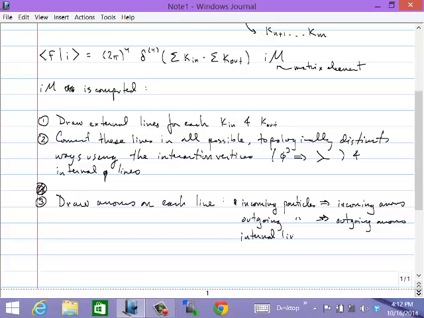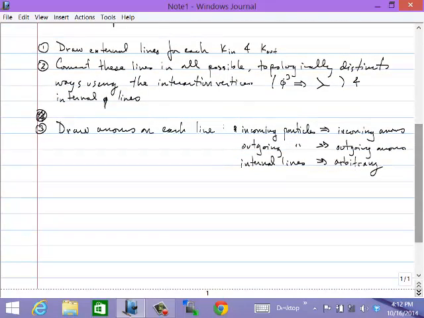And internal lines, well, it's arbitrary. You can just draw them however you like. So you construct a Feynman diagram, you sum over all possible topologies of the ways that you can connect these external lines using interaction vertices and propagators.